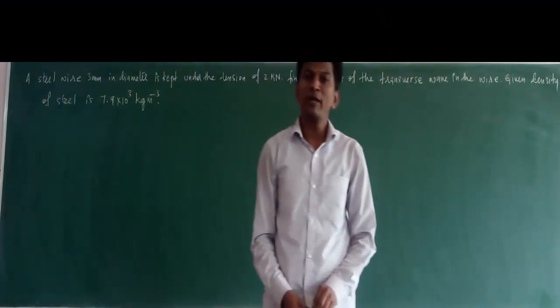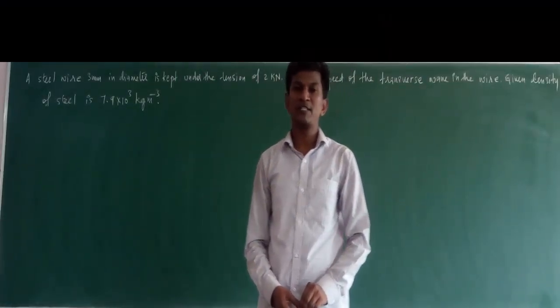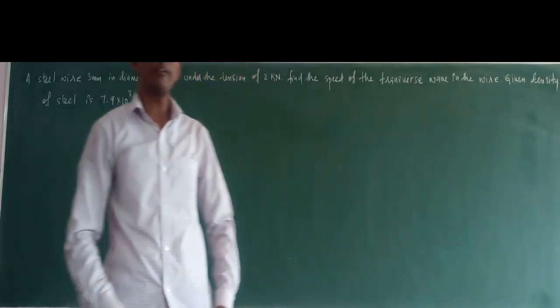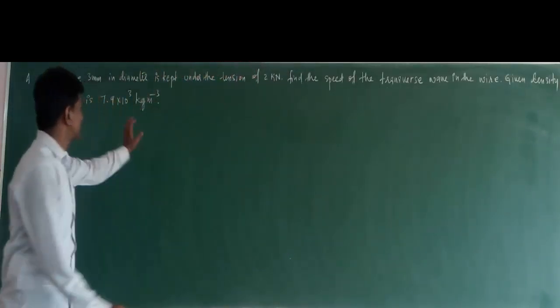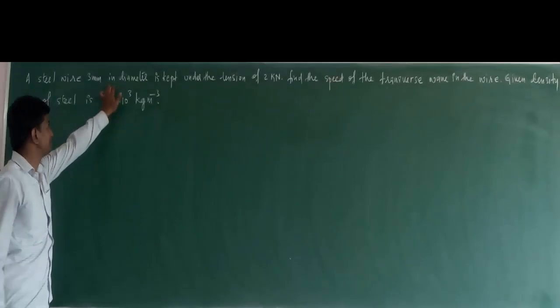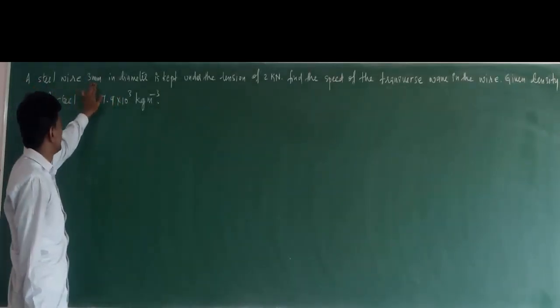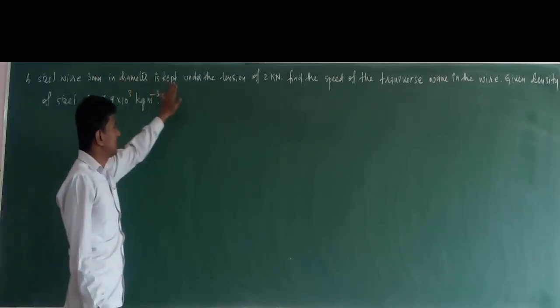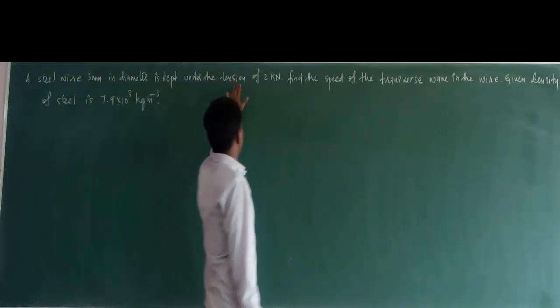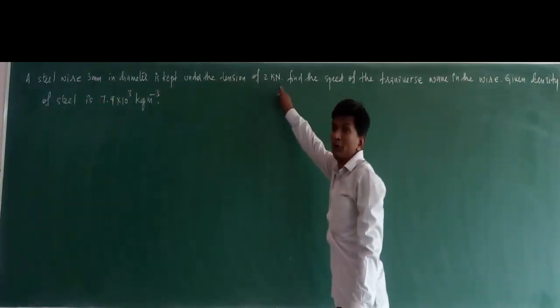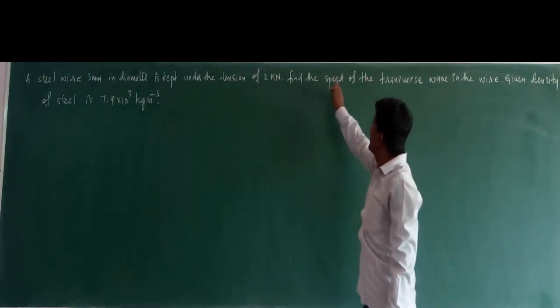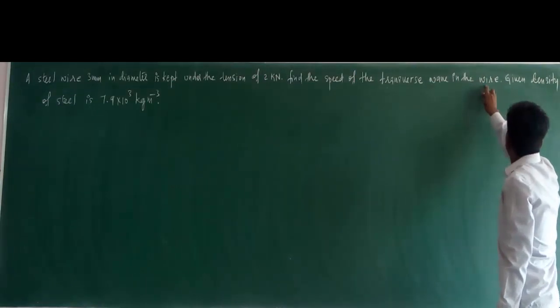Let's take one more example on the basis of the speed of the transverse wave in the wire. This is the second question on this topic. In this question, a steel wire 3 millimeter in diameter is kept under the tension of 2 kilonewton. Find the speed of the transverse wave in the wire.